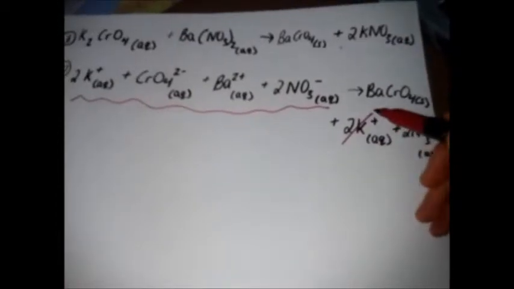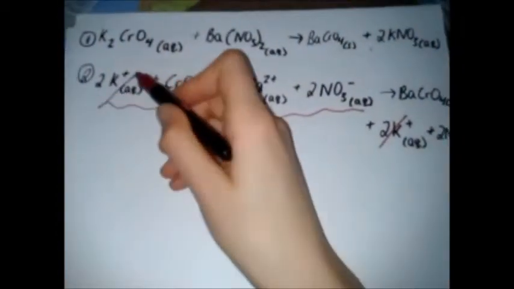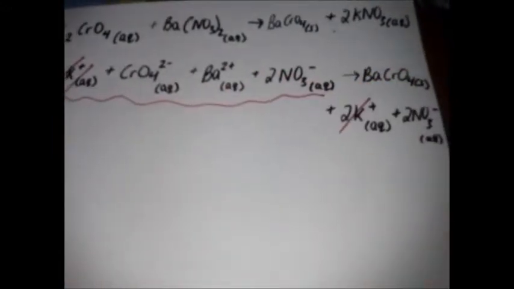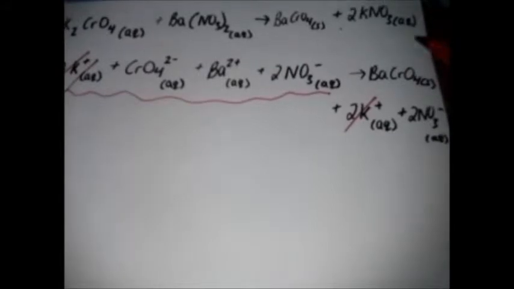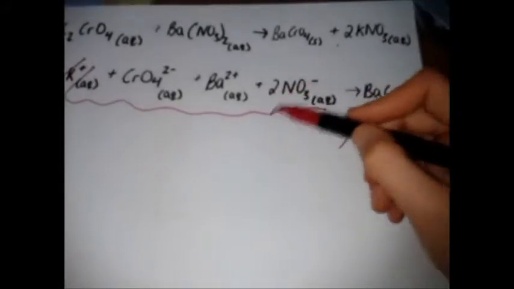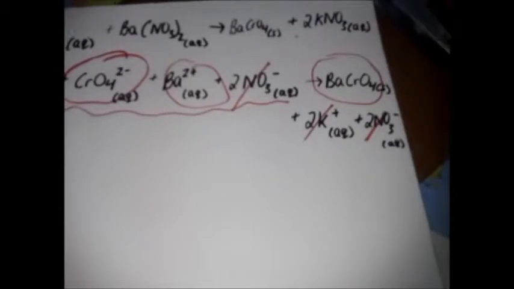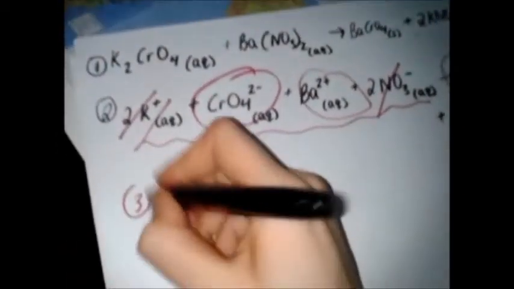On your product side you have your 2 potassium, which cancels out with this. You have your chromate, but no identical chromate on the other side, and then you have your 2 NO3. So basically all you're left with is your barium and your chromate forming barium chromate.